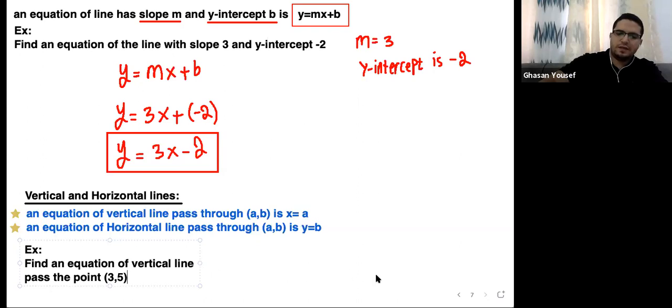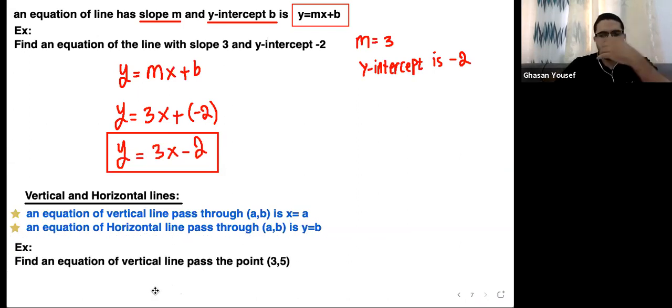If the vertical line passes through this point, the question is to find the equation of a vertical line passing through the point (3, 5). Okay, what is the equation of the line?